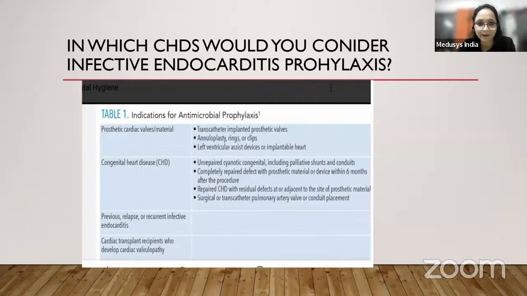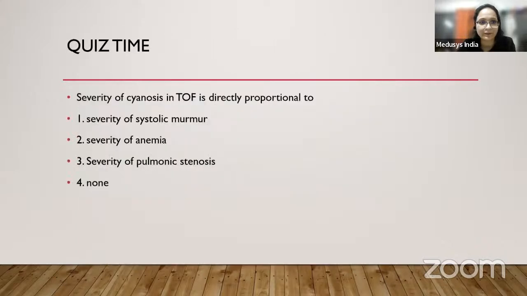And next, a very crucial point, is history of previous infective endocarditis. And fourth is cardiac transplantation. So for the acyanotic ones, prophylaxis for elective surgery is not recommended. Okay. So that was the correct answer.